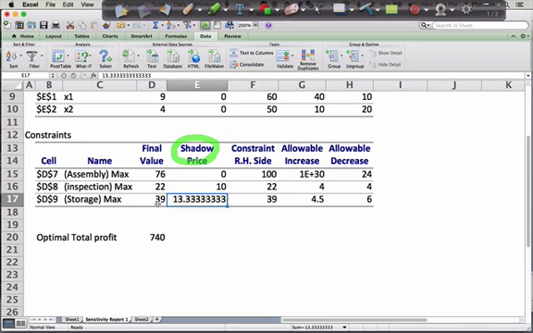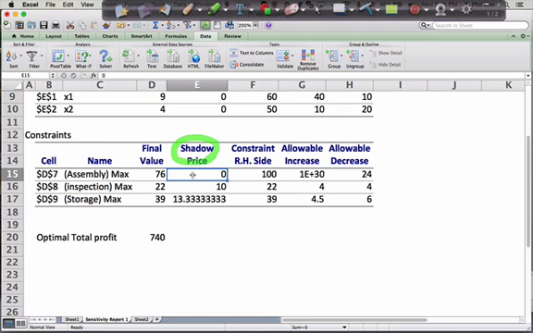So whenever you're trying to acquire more resource to get better profit, you have to figure out how much it will cost to acquire the more resource, and by having more resource, how much profit you can get. So this shadow price gives you, if you increase 1 unit of resource, how much your profit will increase. But this one, assembly line, has a shadow price 0.